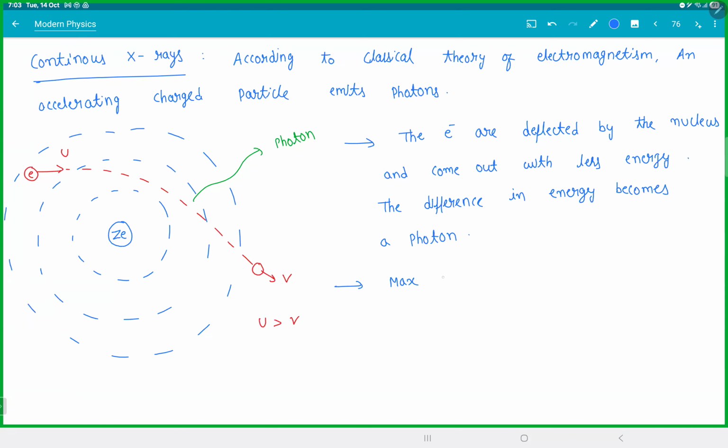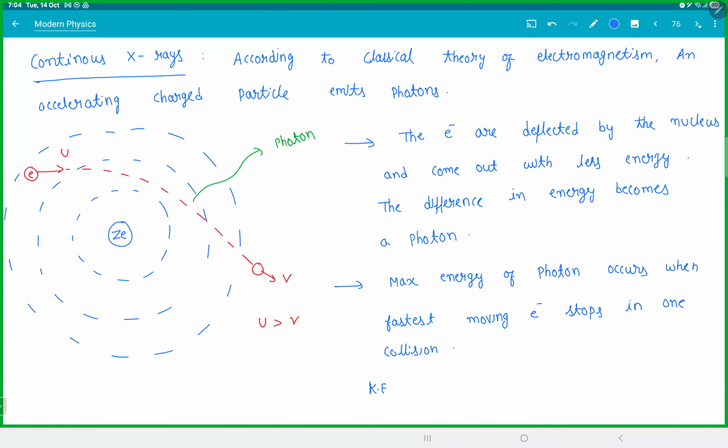So when do you get your maximum energetic photon? You get the strongest photon when your fastest moving electron collides and stops in one collision. If your fastest moving electron stops in one collision, all the kinetic energy becomes photon.